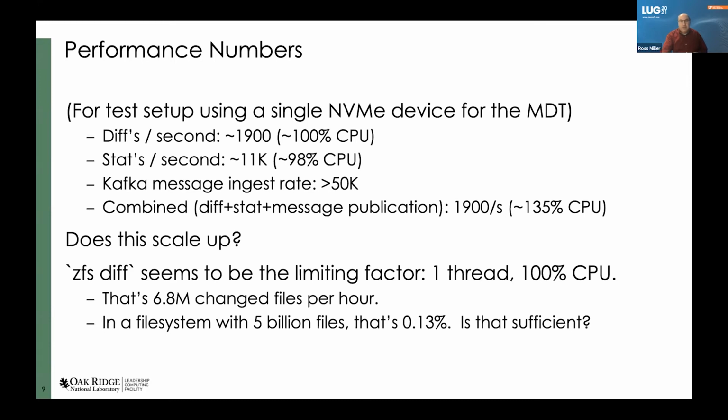So if you write 1 terabyte to one file, that just shows up as one change in the diff, and that's no problem. If your codes write a bunch of small files and that 1 terabyte of written data is spread out over 1 million files, that is going to obviously result in a much greater number of files and number of lines of output in the diff that need to be processed.